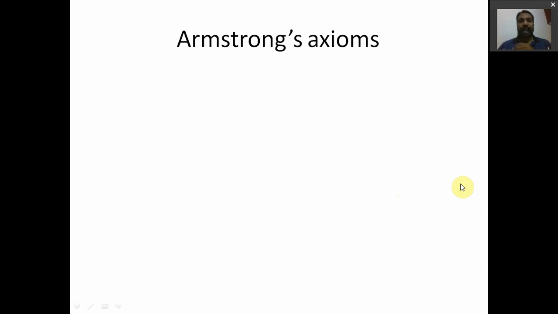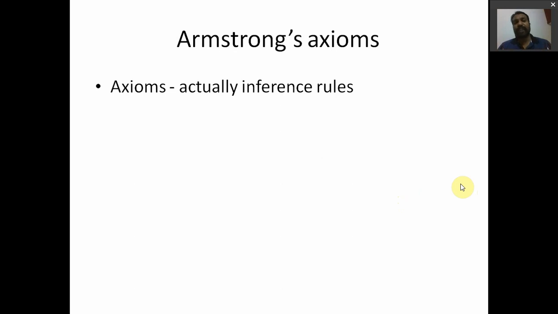So Armstrong's axioms. Actually, these are not axioms. These are actually inference rules. Armstrong wrote these axioms in 1974. If you remember, axioms in the mathematical sense means known facts or given facts.